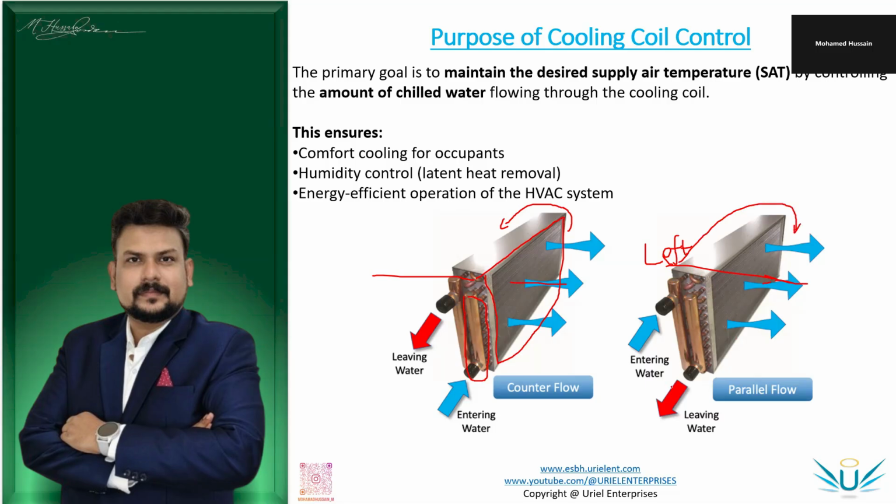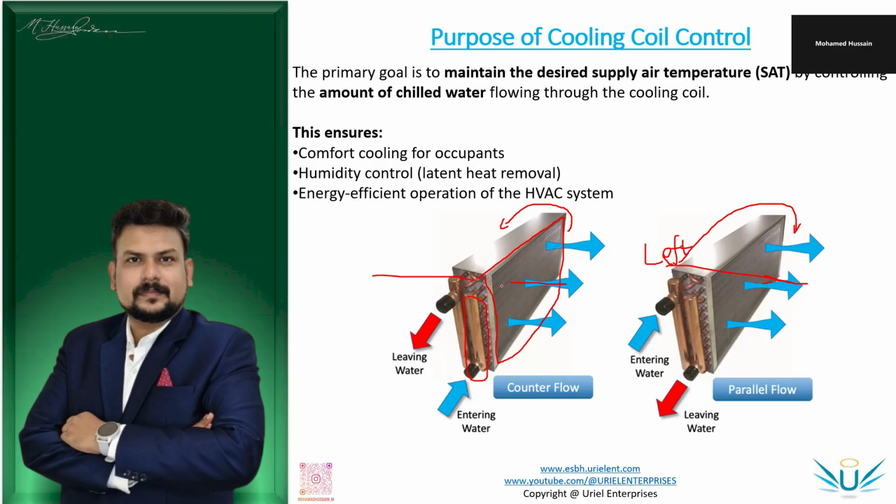So when the air passes through the coil in the counter flow, it first faces the leaving water coil, and after passing through it faces the entering water, that is chilled water. First the hot air comes in and the leaving water side cools it a little bit, reducing the temperature slightly.